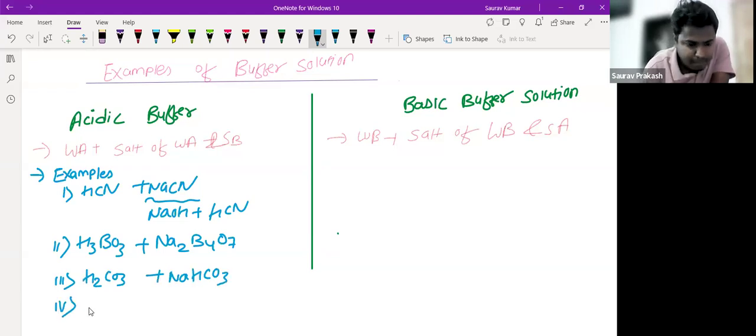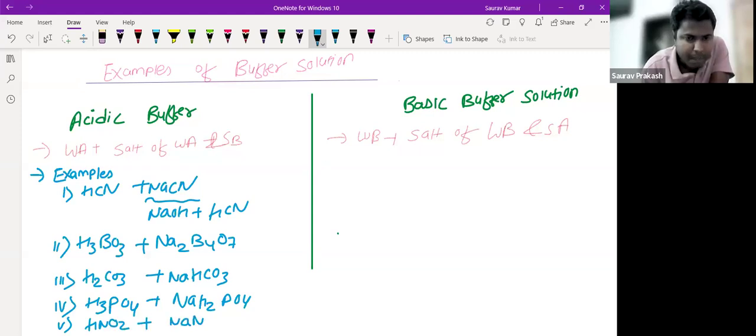Next example, H3PO4 plus NaH2PO4. Here, HNO2 plus NaNO2. These are the examples of acidic buffer.